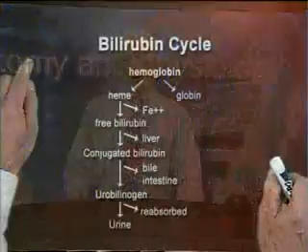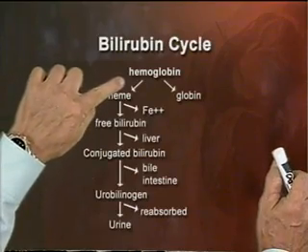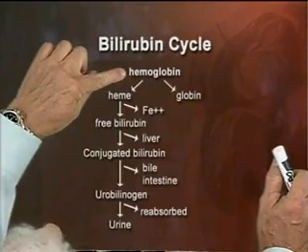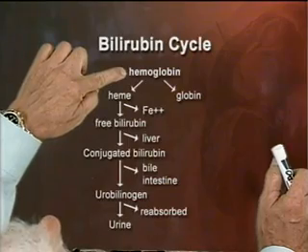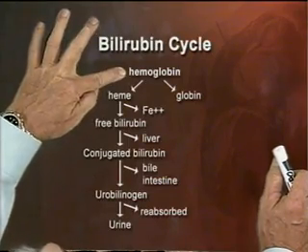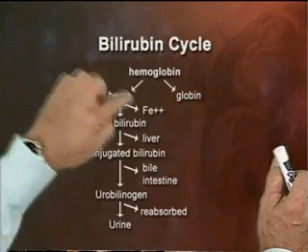When the hemoglobin is released, let's go to a graphic that illustrates this, Adam. If we go to this graphic right here, when the hemoglobin is released from a ruptured red blood corpuscle, the hemoglobin is broken down in the liver into heme and globin.